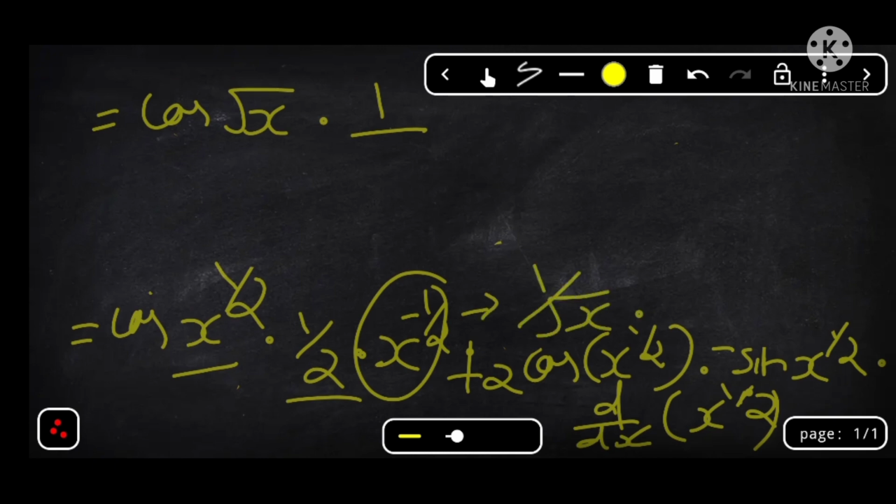Okay, so I'm just replacing this as 1 by 2 is already there, right? So 1 by 2 into 1 by root x, that is 1 by 2 root x into, in bracket we have, there is a negative sign, so we can take it to here.